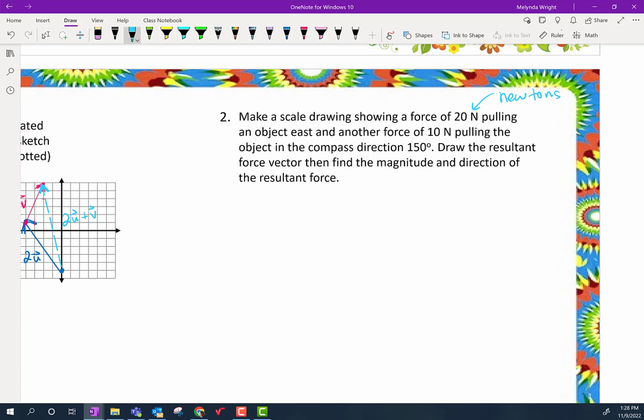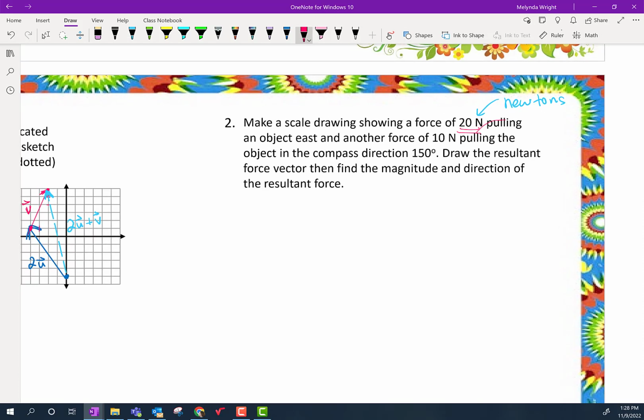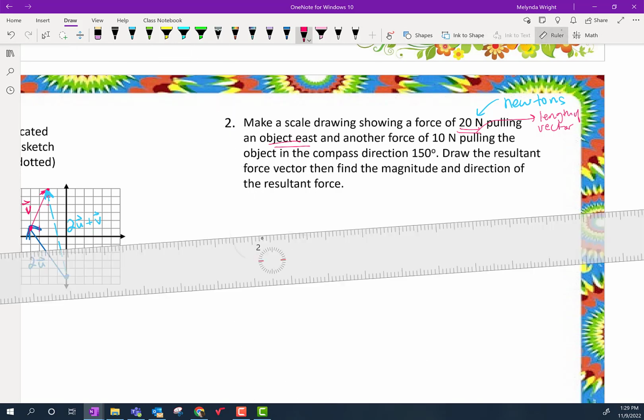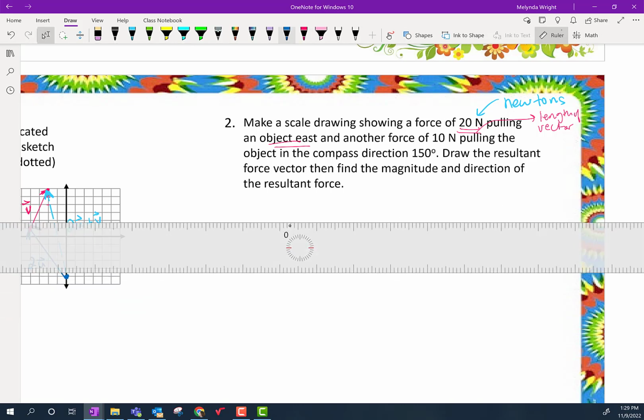Okay, so let's go back and pull this apart. This measurement right here is the length or magnitude of the vector. I mean, that's what it is, it's the length. And I'm going east, and hopefully we know east would be like going right. So I'm going to go ahead and draw my vector.